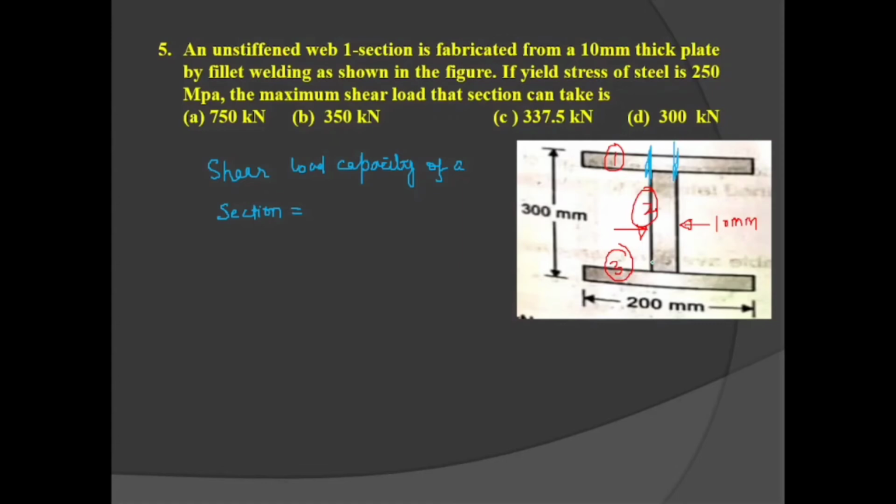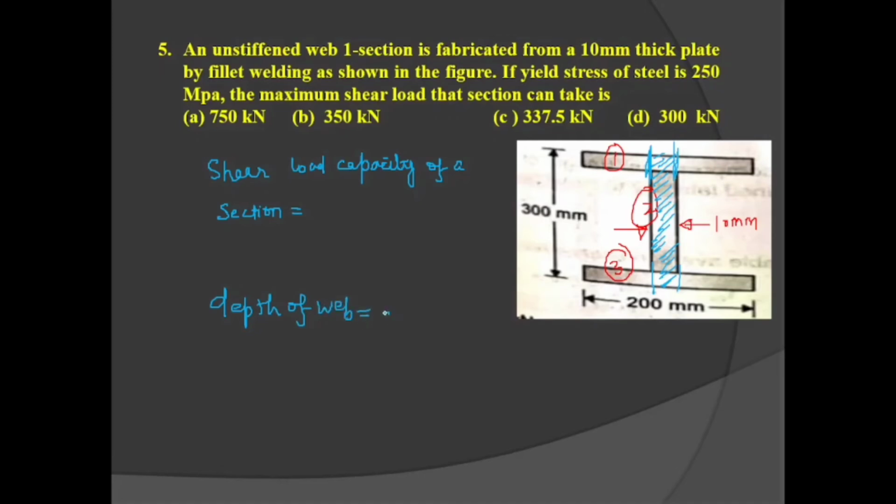It is assumed that the entire shear force is to be taken by the web only. That's why, only for calculation purposes, depth of web is equal to the overall depth.